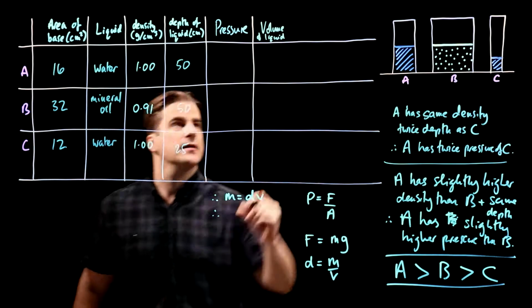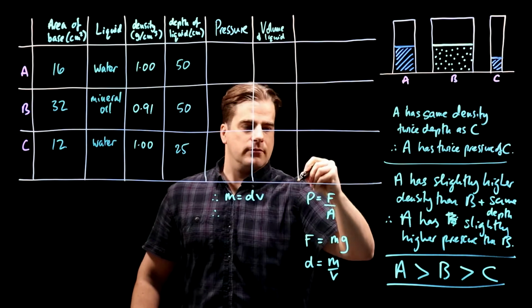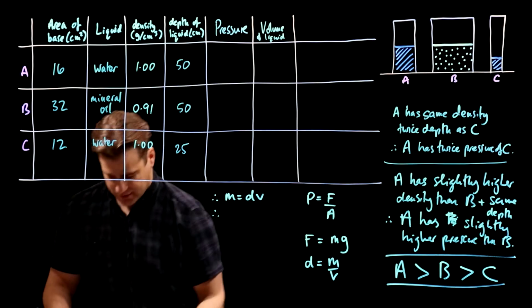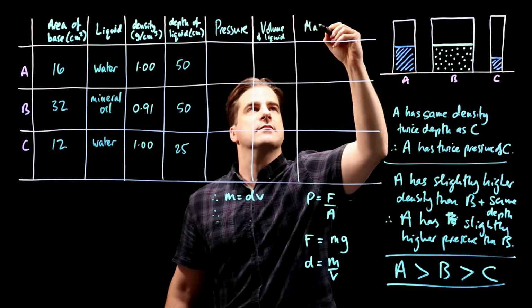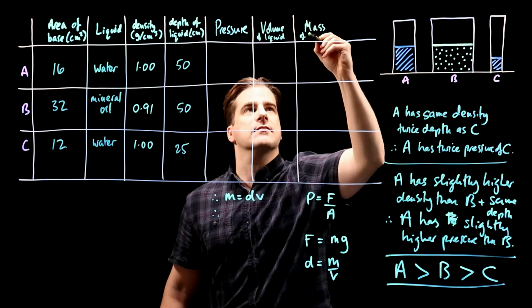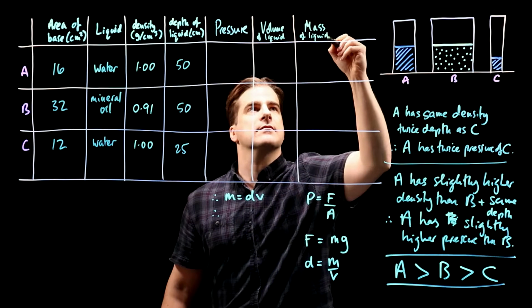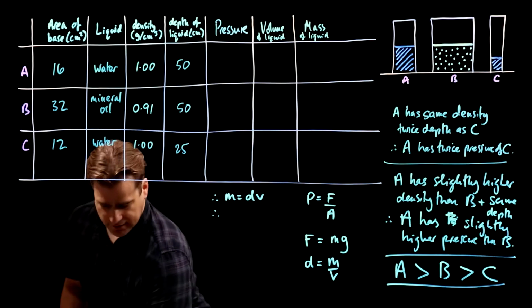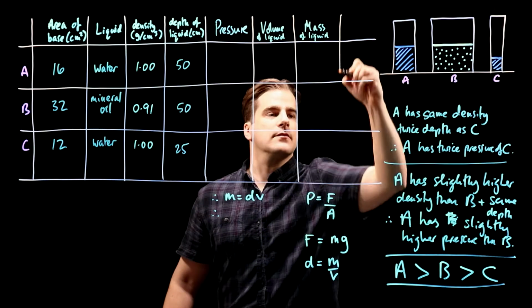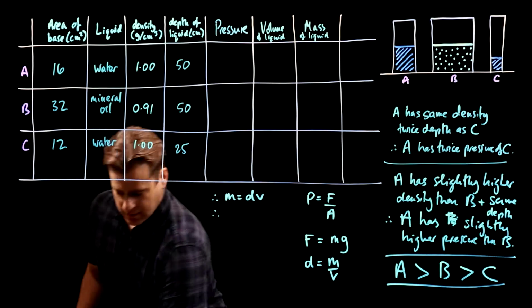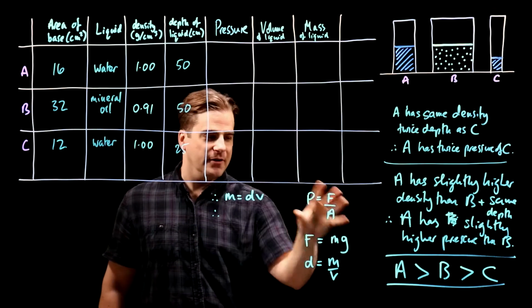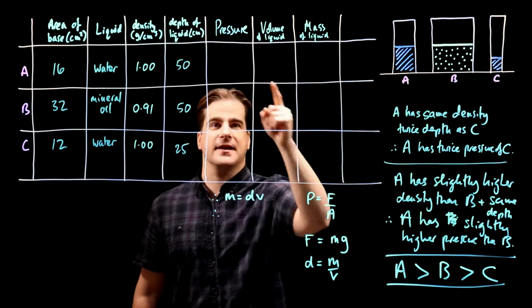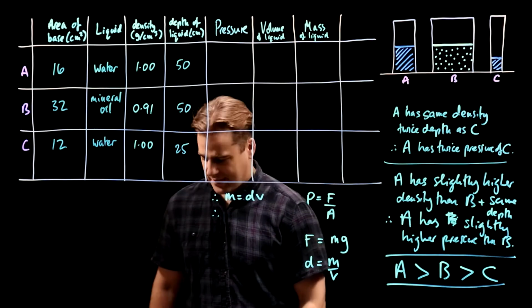Okay, and let's have a column for the mass of the liquid. Right. So if we work out the volume and the mass for liquid through these equations, we can get the pressure. Okay.